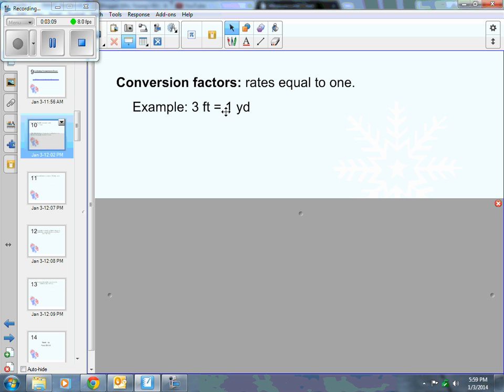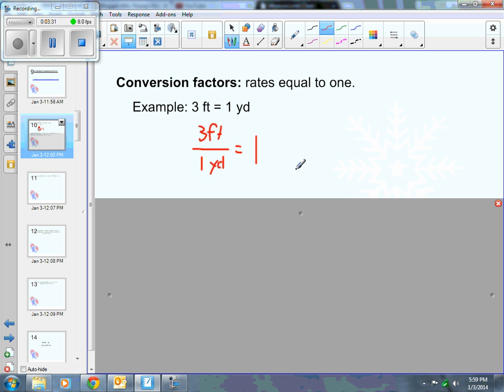We often write this as a fraction. We would write 3 feet over 1 yard, and that tells me that 3 feet is equivalent to 1 yard because that would equal 1. They're exactly the same.